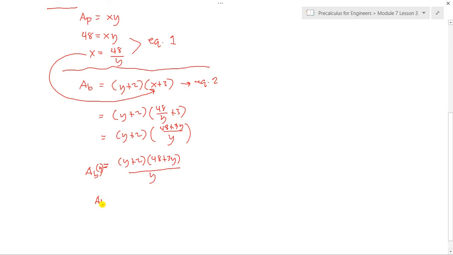So we need to have AB minimum. Okay class, sa rational function, AB should be minimum.